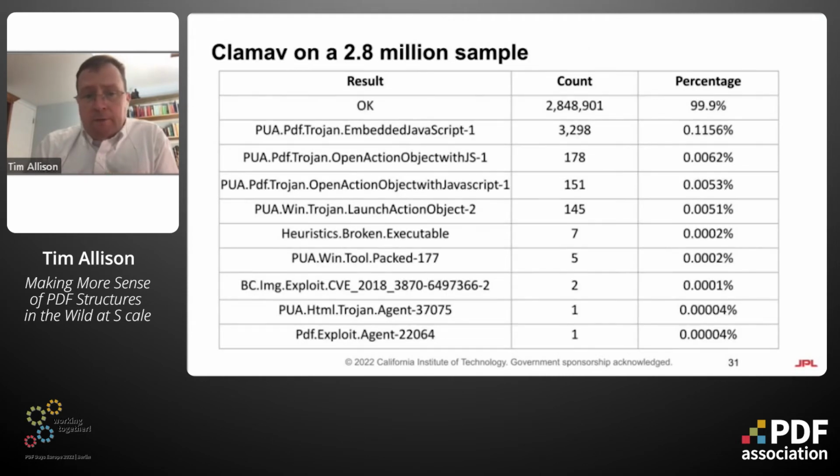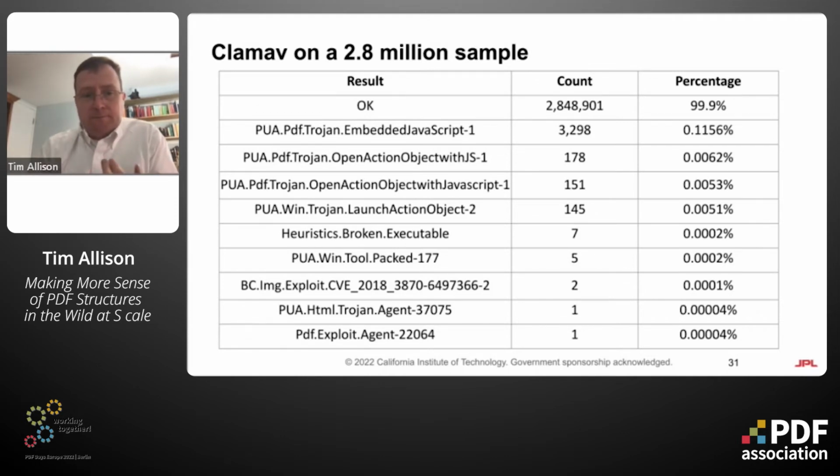We ran ClamAV on about 2.8 million of the files. For what use ClamAV is, not sure exactly. It found a number of files with JavaScript in them. In the handful that I reviewed, there was nothing that I could find that was malicious about those files. It's just that they happen to have JavaScript.